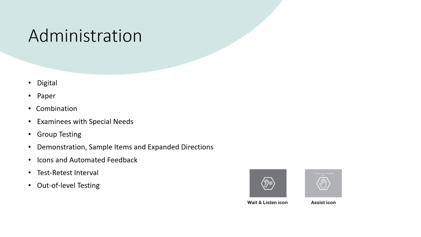So for both the digital and paper administrations, the wait and listen icons, which are red, yellow or green in colour, indicate to examinees to stop and listen for directions, while examiners read the demonstration, sample, expanded or test item directions. These are some of the images that I've just put on the corner of the screen for you there.